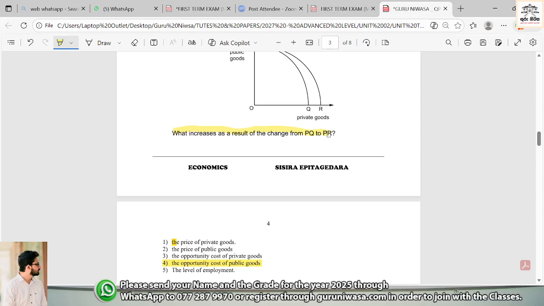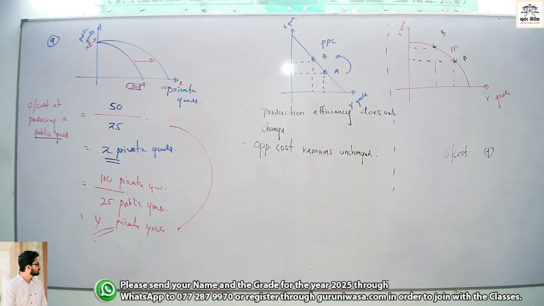That is, to produce a private good, how many public goods must be sacrificed. You try. You should be able to calculate opportunity cost. You should be masters in calculating opportunity cost.